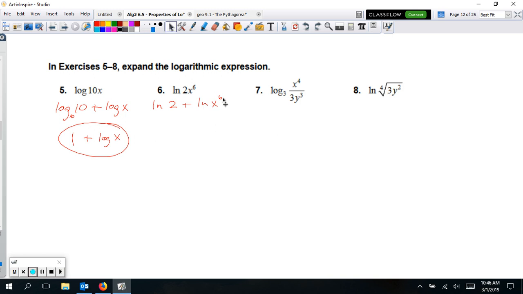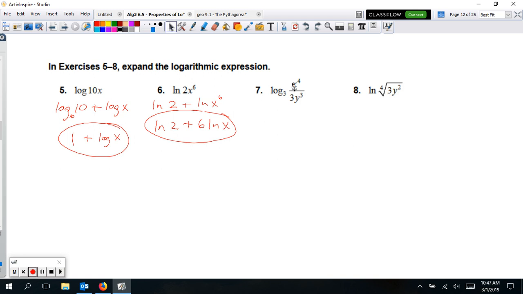This is a power property where we have to put the 6 in front of the log, so our log 2 will stay the same, plus we're going to put the 6 in front of the log, and now we say 6 natural log of x. So 6 times the natural log of x. So there's our final expansion: this natural log of 2x to the 6 becomes this.